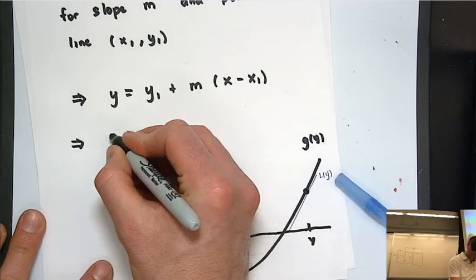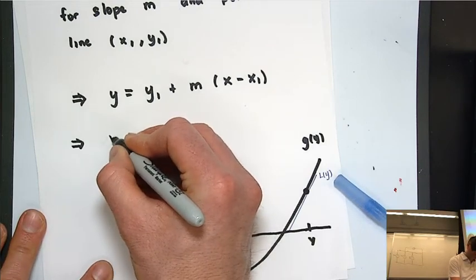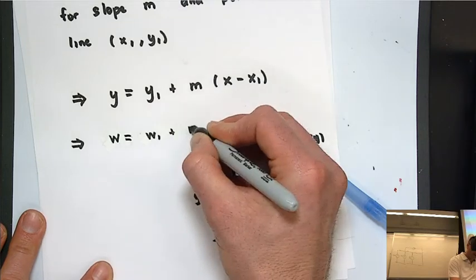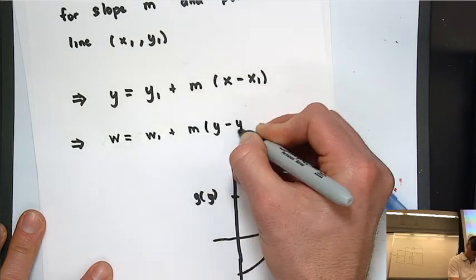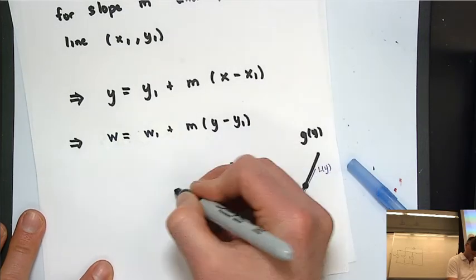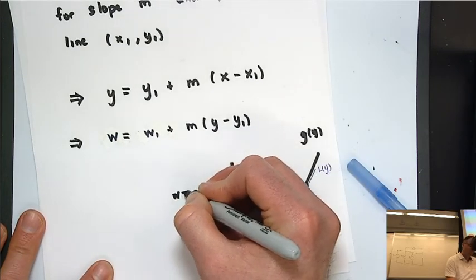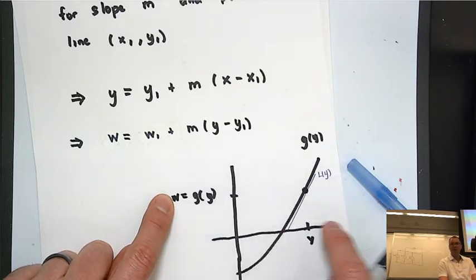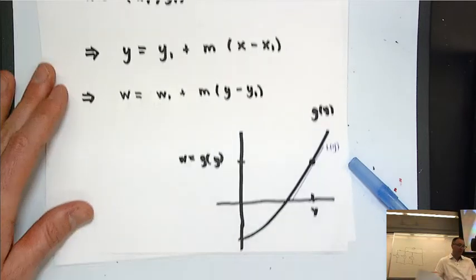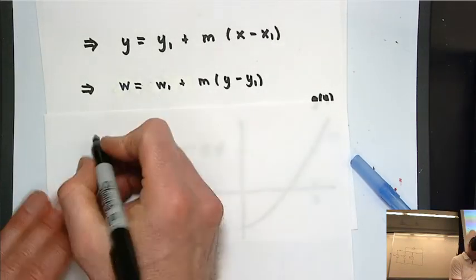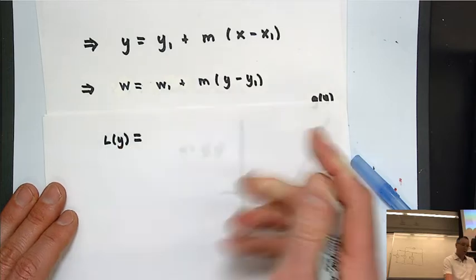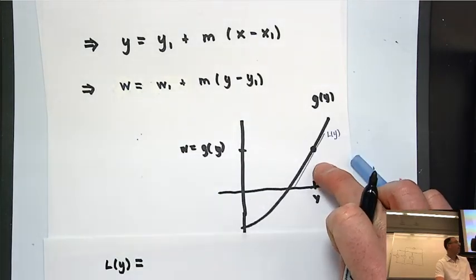Maybe we have this new thing like W equals W1 plus M outside of Y minus Y1, where the output variable is W and the input variable is Y. So what I want to do is come up with a general approximation for the tangent line at that point.